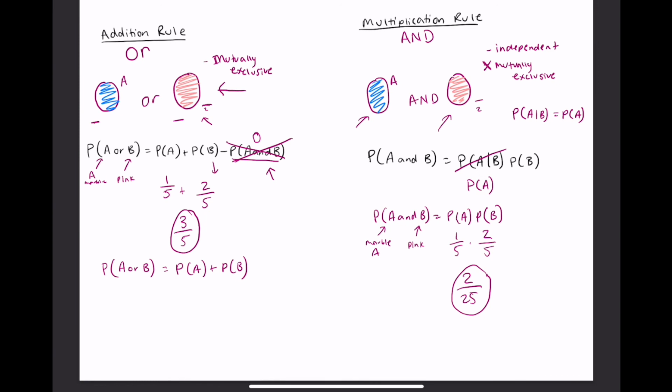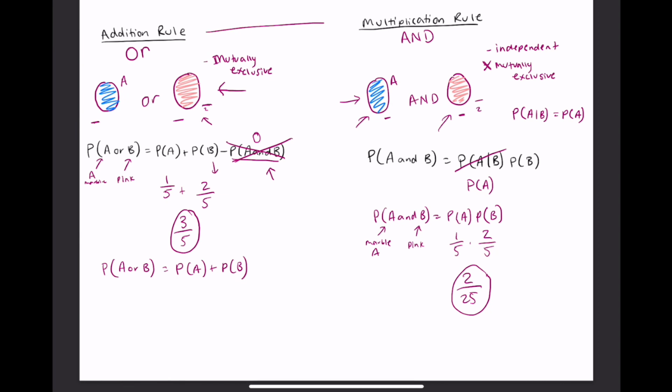So we have three options here. Whereas in the multiplication rule, we're limiting the amount of options that we'll consider a success. The only thing that we'll consider a success is pulling out marble A and one of the pink marbles. So the probability of that happening is much less.